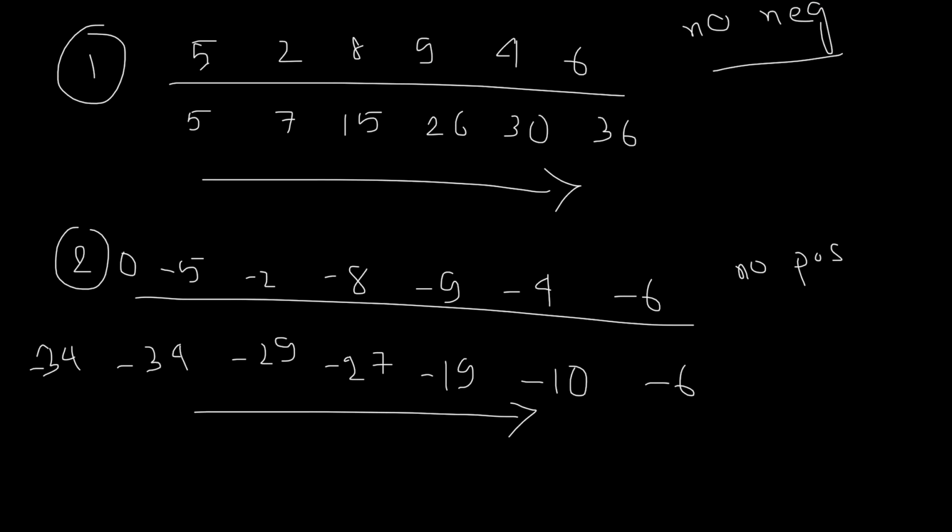If we somehow can convert the whole array into a positive array, then we will follow step 1. If the whole array becomes negative, then we will follow step 2, right? That is our primary goal. We'll first convert the whole array into either zero negative integers or zero positive integers.